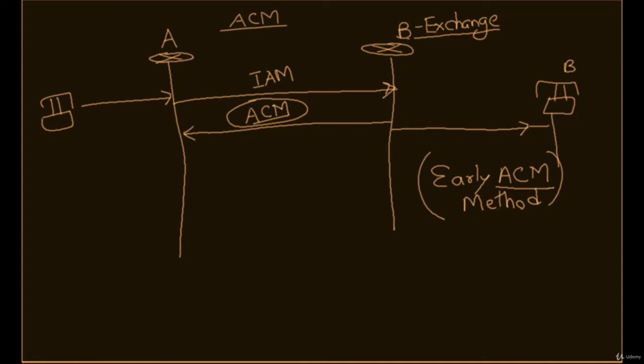These two approaches vary depending on what kind of user it is. There can be two kinds of users. One is a simple analog user, which is just the one who has just voice calls, and second is the ISDN user.